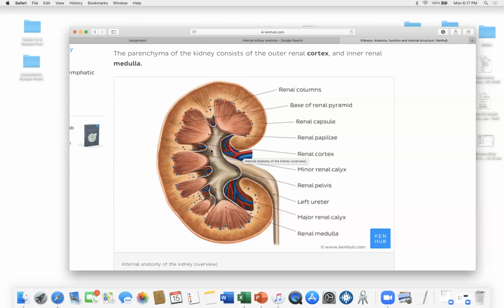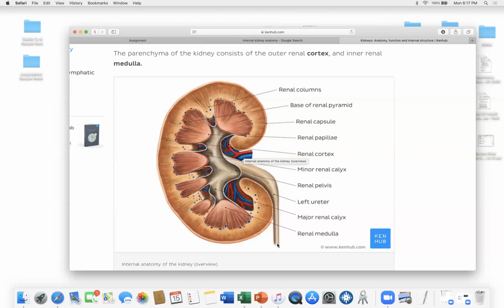And that is your minor calyx. And then it's going to end up into this bigger area here, which will be your major calyx. And then all being funneled down. Sorry if I'm using the word funnel too many times, but that's essentially what the medulla is. It's just a set of funnels. You have your pyramid, you have a minor calyx, major calyx, and all the major calyces end up in the renal pelvis. And then from the renal pelvis, it goes down into your ureter.